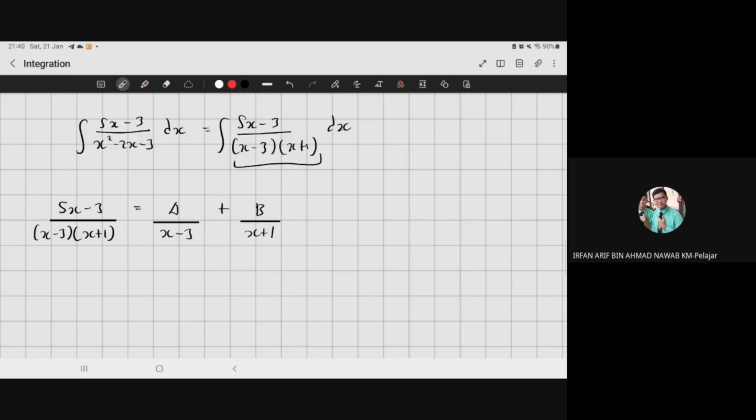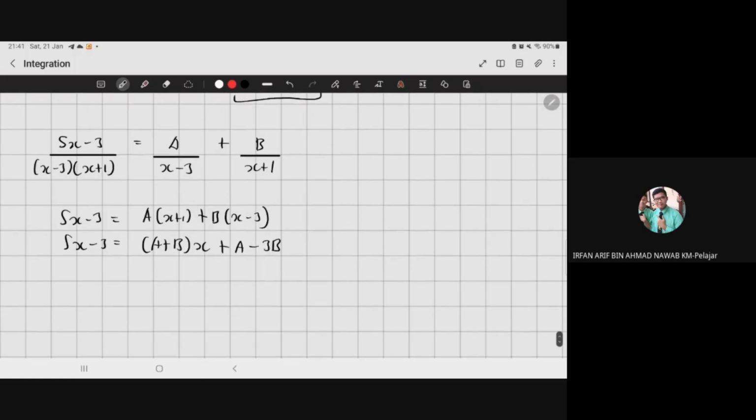So let's compare. So we will get 5x minus 3 is equal to A times x plus 1 plus B times x minus 3. Now, obviously, you just group the same terms. So 5x minus 3 is equal to A plus B times x plus A minus 3B, right?